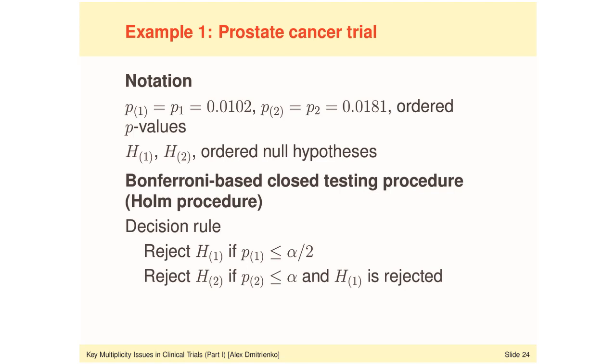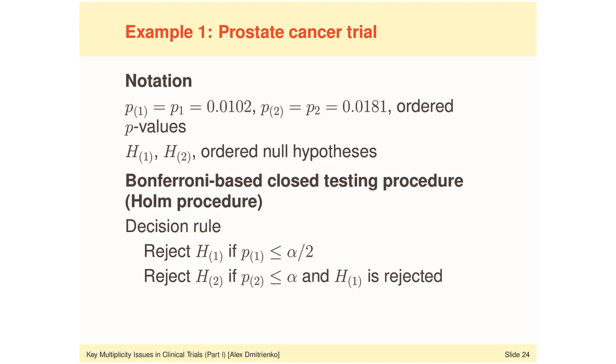To help illustrate this point, let's take a closer look at the Bonferroni-based closed testing procedure we defined on slide 22. This procedure is in fact equivalent to a stepwise procedure with a data-driven testing sequence known as the Holm procedure. And to define the decision rules for this stepwise procedure, we need to first define the ordered p-values using this parenthetical notation.